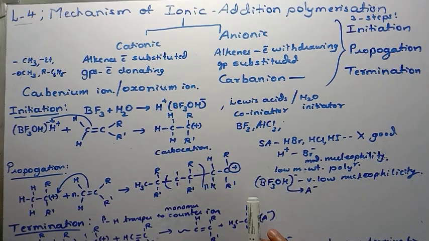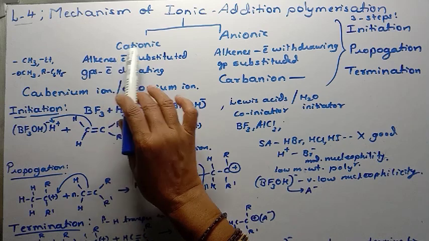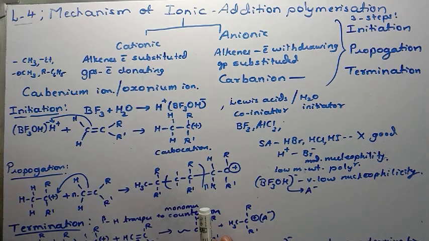The second one is polyvinyl chloride, which can be explained according to the anionic polymerization process. The third one is polystyrene, which can be explained according to the cationic polymerization method. Polystyrene is also explained by coordination polymerization. Today we'll discuss the cationic polymerization mechanism.